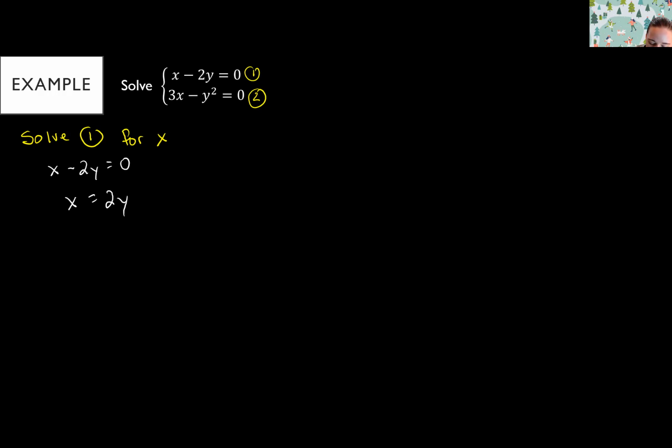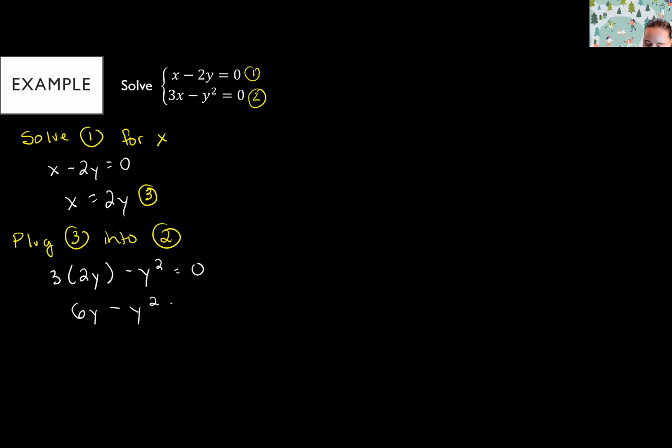And we're going to call that equation 3, and we're going to plug 3 into 2, the other equation that we haven't worked with yet. So that's 3 times x, so that's going to be 3 times 2y minus y squared equals 0. So 3 times 2y, we have 6y minus y squared equals 0.